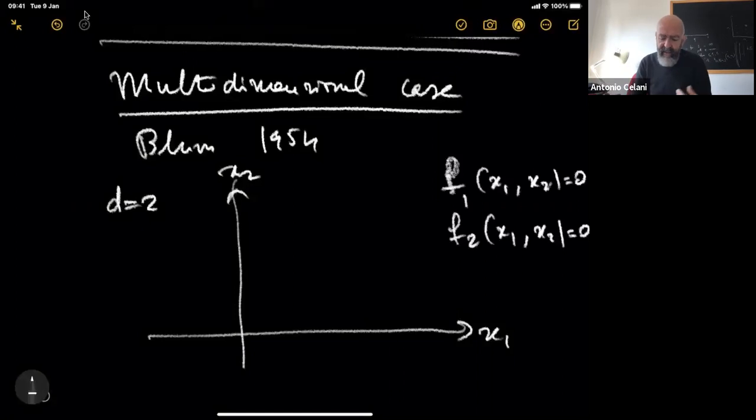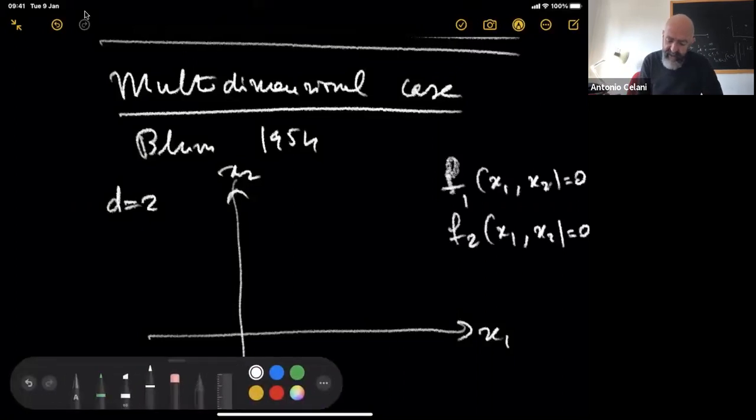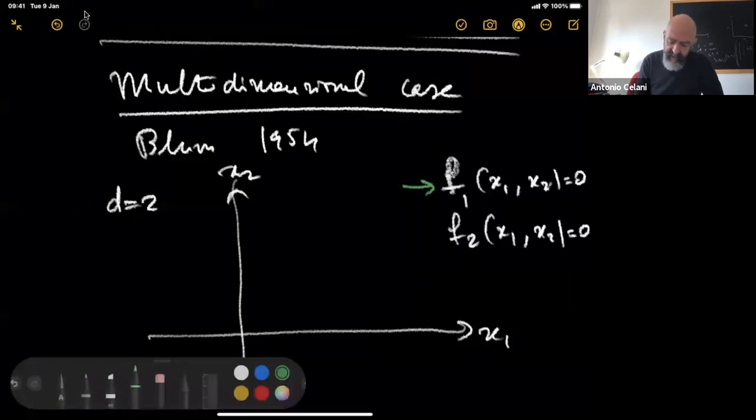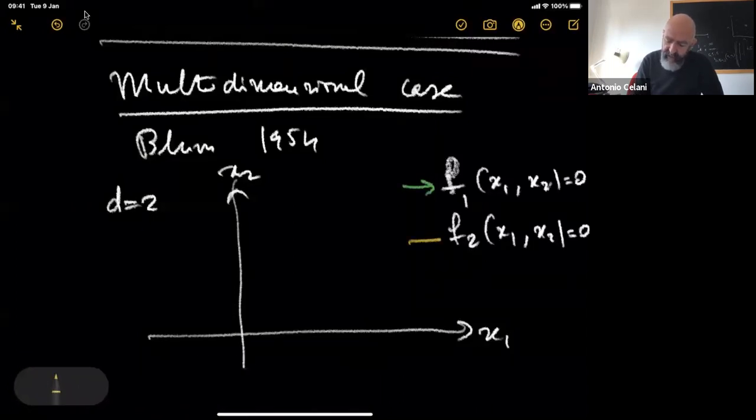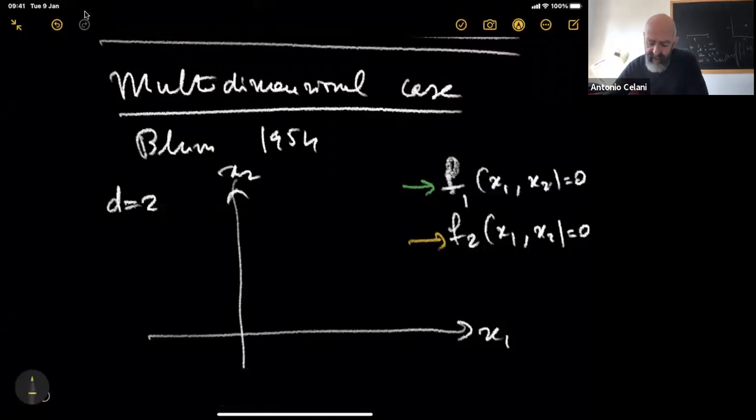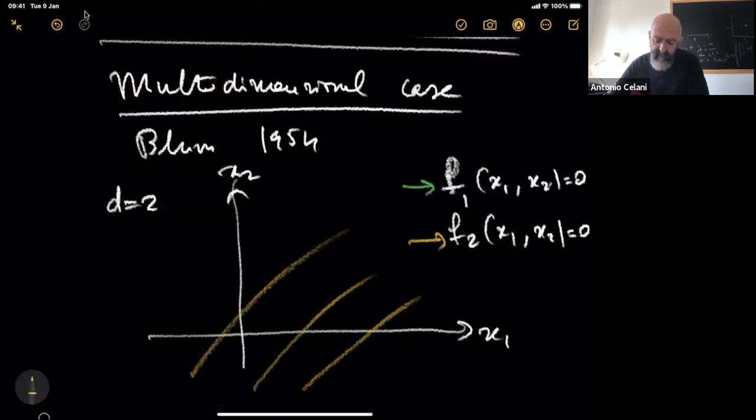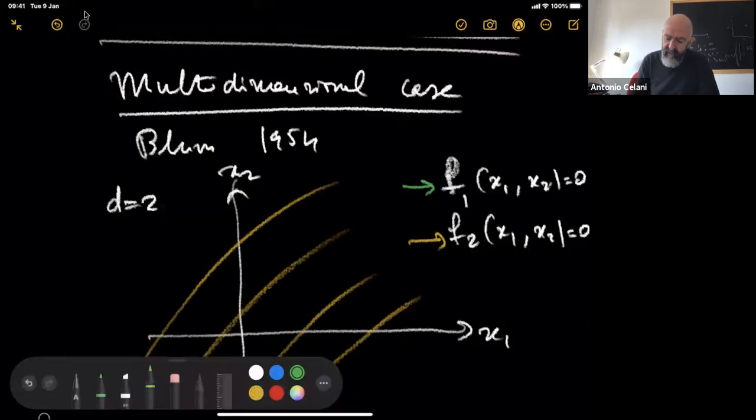Graphically, what does that mean? Let's say that the f1 function is in green and the f2 function is in yellow. The level lines of the f2 function, for instance, are lines like this. And the level lines of the green function are something like this.